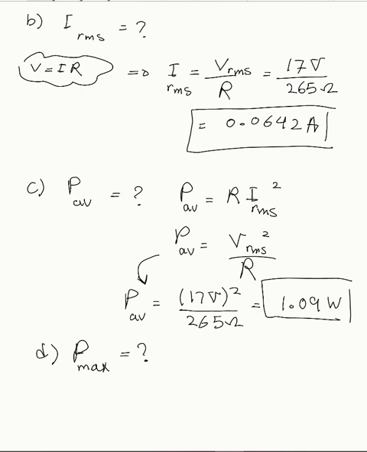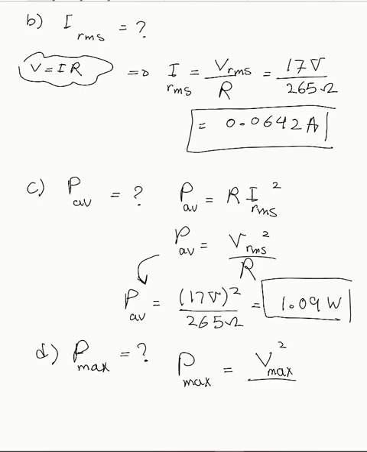Part D is asking for the maximum power dissipated in the resistor. So I'm going to try to find P max. Again, if I'm using max on the left hand side, then I need to use the max on the right hand side too.